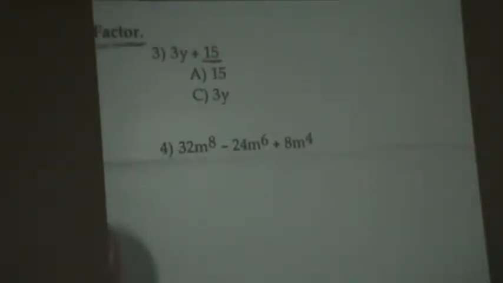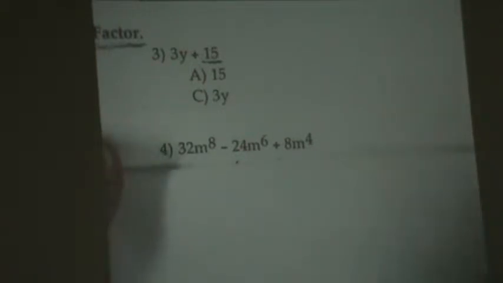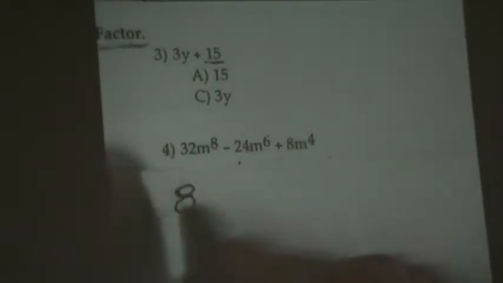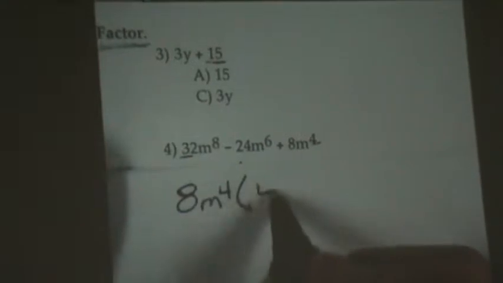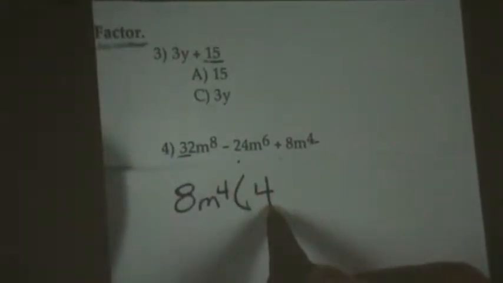What do these have in common? 32m to the 8th minus 24m to the 6th plus 8m to the 4th. 8. We'll go into all of them. Yes. And how many m's? Smallest one. Okay, 8 times what is 32? 4.